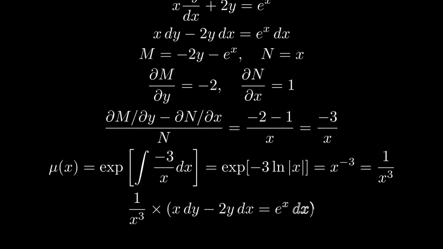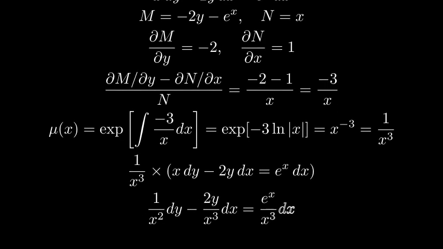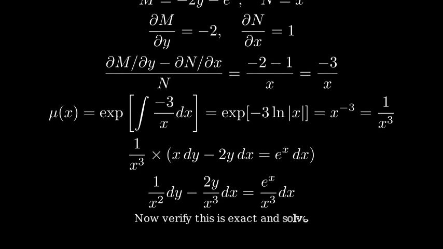Multiplying our original equation by this integrating factor, 1/x^3 times (x dy - 2y dx = e^x dx), gives us 1/x^2 dy - 2/x^3 y dx = e^x/x^3 dx. We can verify this is now exact, and then solve using techniques for exact equations.